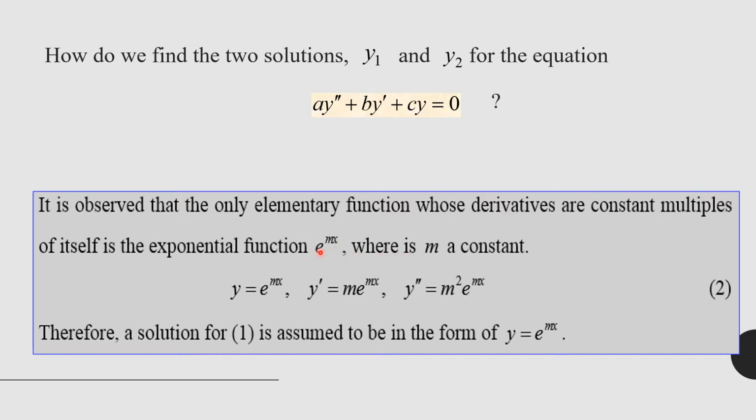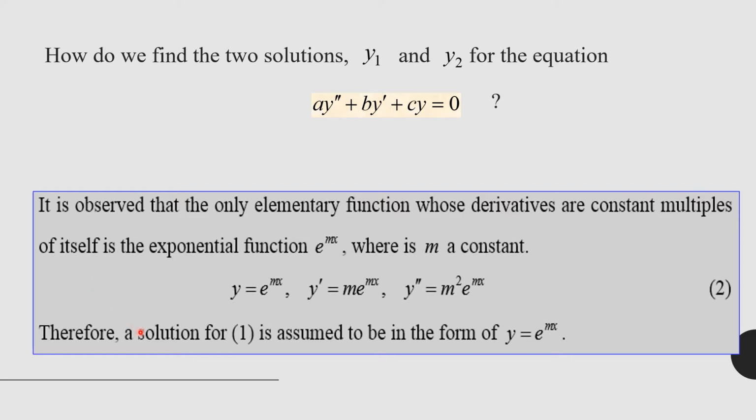Whenever we differentiate e to the mx, we get back the same function e to the mx multiplied by a constant. Y equals e to the mx, y prime is a constant times e to the mx, and y double prime will be another constant, m squared, multiplied by e to the mx. In other words, the exponential function has derivatives that are constant multiples of itself.